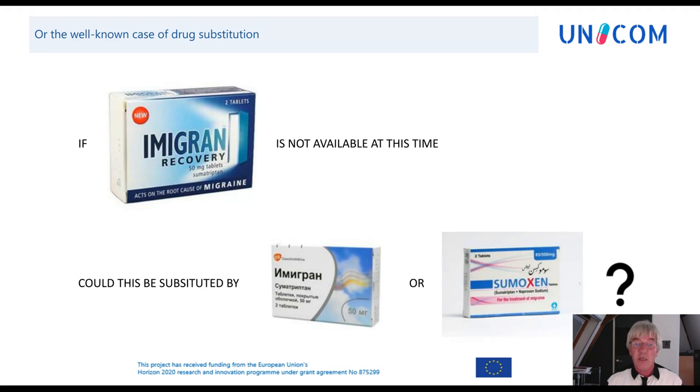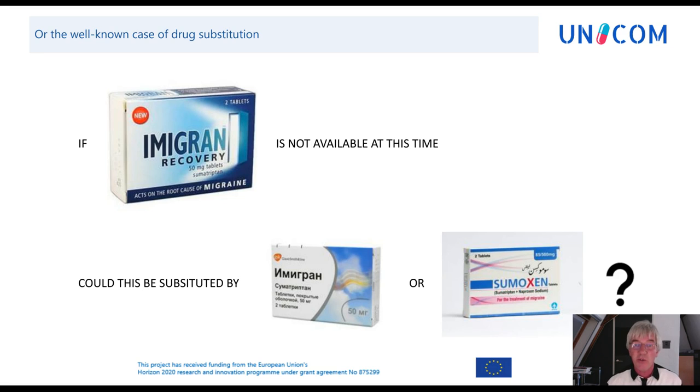And the final one is when there's a shortage. If Imigran, a very regular migraine medication, is not available at this time, can we substitute it with, for instance, the Russian version, or with a different brand of medication?